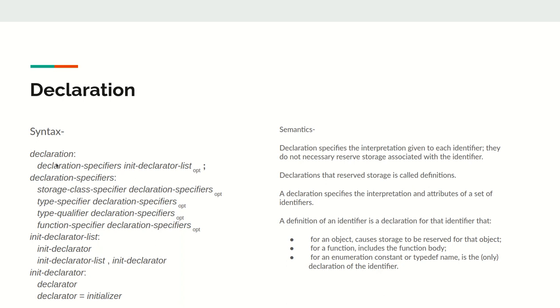These are the two things which constitute the declaration: declaration specifiers and init-declarator-list. Now if you see, the declaration specifiers is storage-class-specifier and declaration-specifiers.